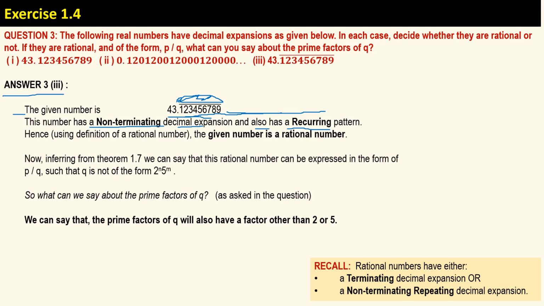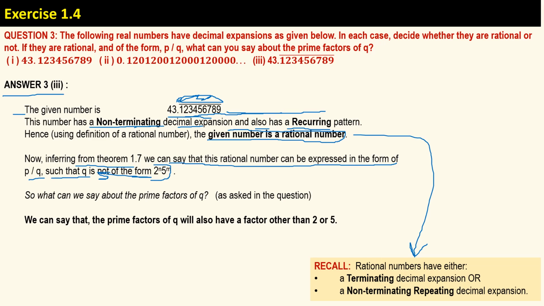So using the easy thing that we know about rational numbers, we can say that the given number is a rational number because it has a non-terminating recurring pattern. So now inferring from theorem 1.7, we can say that this rational number can be expressed in the form of P divided by Q, such that Q is not of the form 2 raised to power n multiplied by 5 raised to power m.